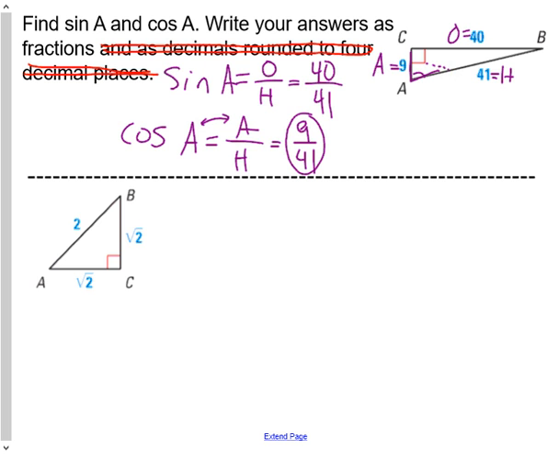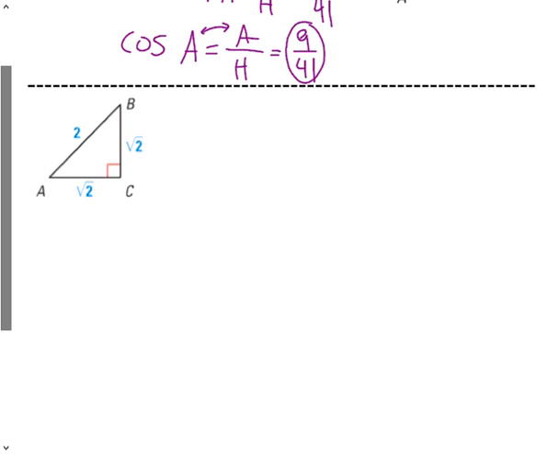Next example, we have some square roots. And so, again, finding A, the largest number is 2. There's the hypotenuse. A is created by these two sides, so this one has to be adjacent, and opposite is the one further away. So sine of A, opposite over hypotenuse.